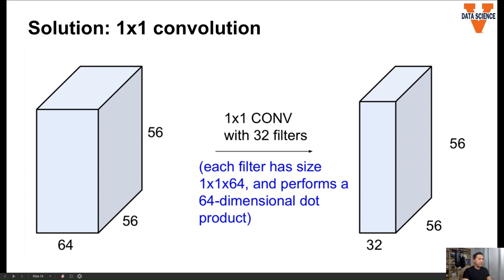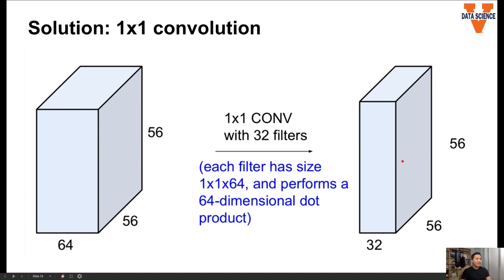You just have one single pixel going through this and calculate all the corresponding dot products. So there will be 64 elements in that dot product, and then it ends up with a single number on the output feature map, right?